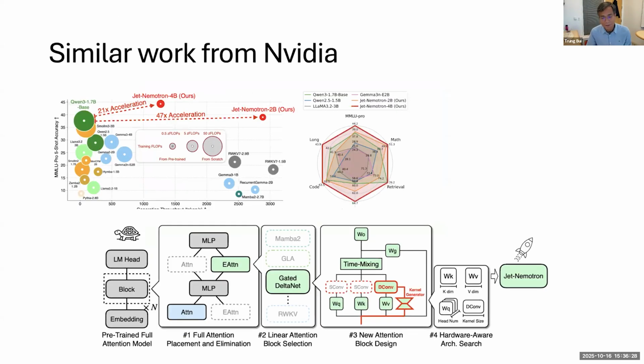I want to tell you about two very recent works from NVIDIA and from Alibaba. Recently, NVIDIA released a paper called Jet-Nemotron, and interestingly, they apply the same idea we deploy with hybrid attention.